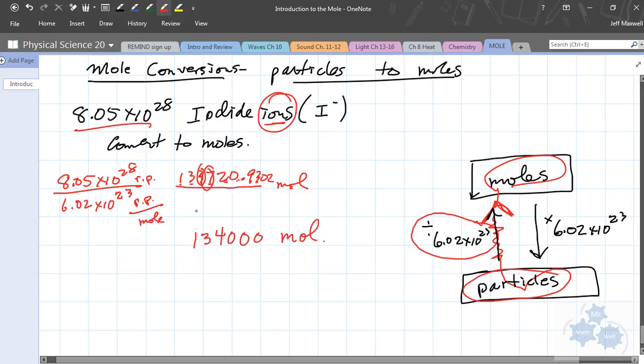And that's 3 significant figures rounded properly. Moles of, and you can put this to just to be very clear. Okay? So that's how you convert particles, representative particles, either ions, atoms, molecules, formula units, to moles, using our handy little chart. Questions?